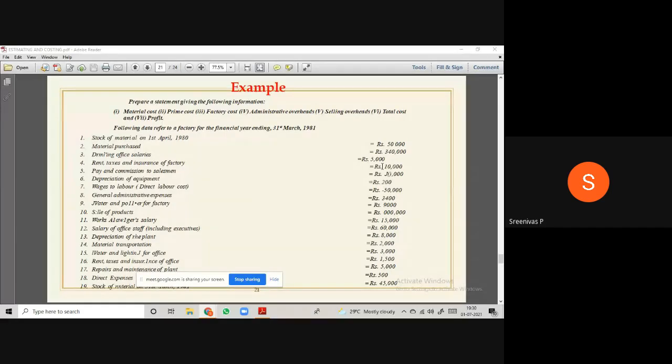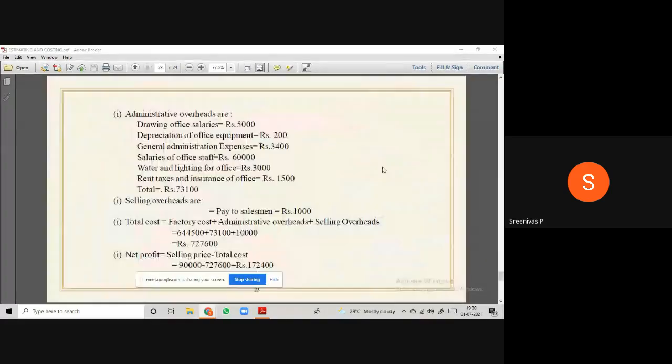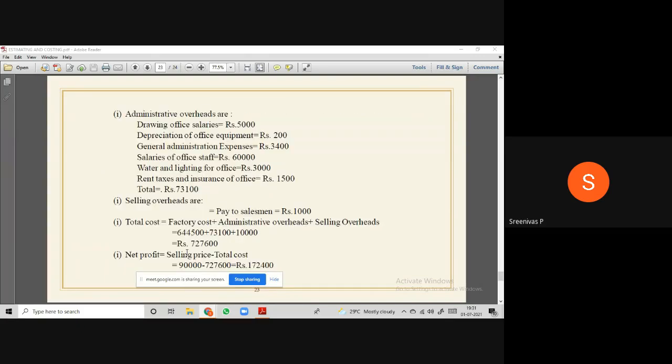So our aim is to estimate the total cost. So here the total cost that is incurred is 7,27,600, which is shown here. According to this data, it is 7,27,600.